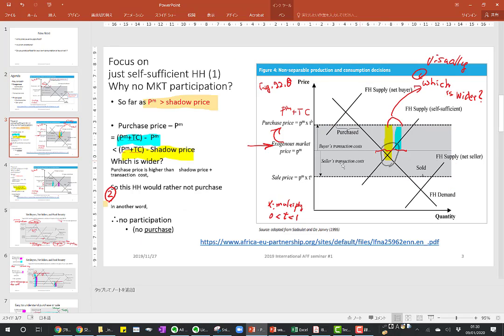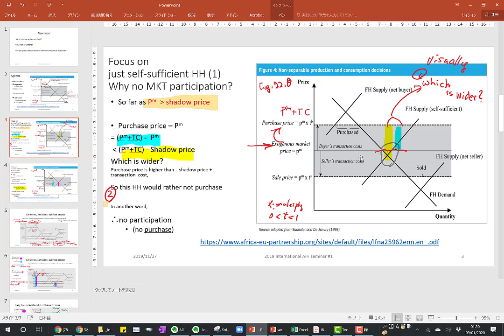Now, the point is the positioning of the market price. Market price is exogenously determined, exogenously given to the household.